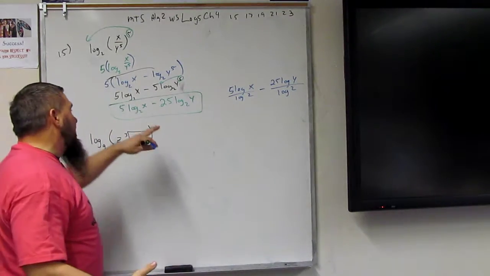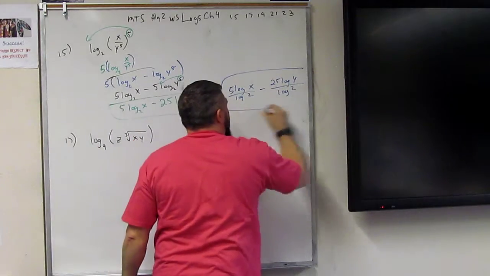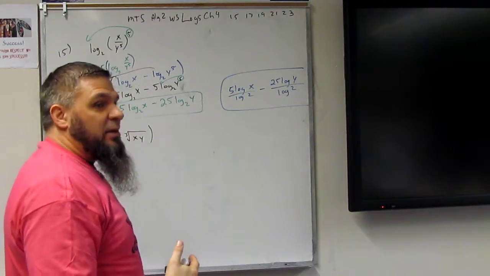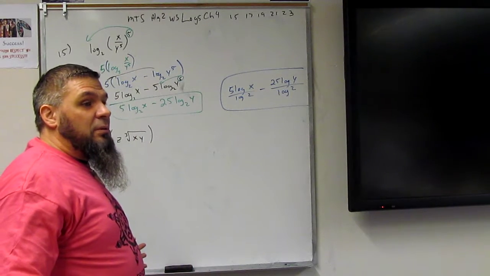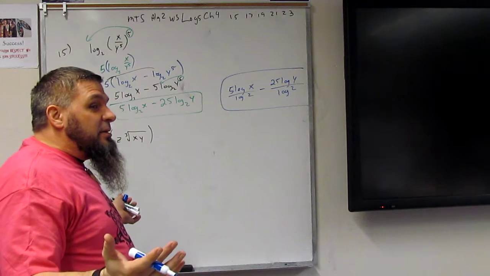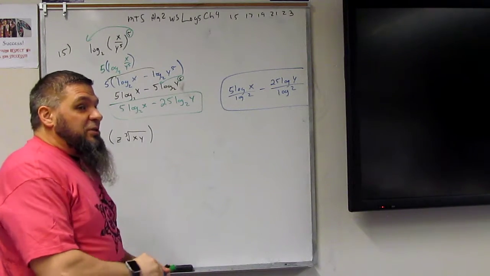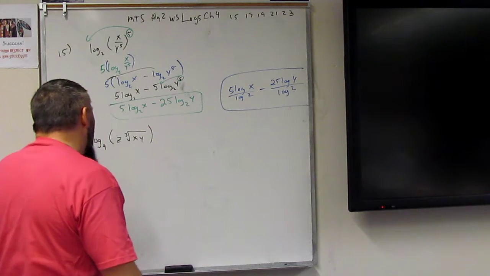All I did was change this into that. Okay? So what I'm going to do here is say that's extra credit. You get 1 extra point on the test if you do that. Simple, right? But you have to know your log rule. It's really easy, but you have to know your log rule. If you do it on the worksheets, I'll give you 1 point extra credit on the worksheets too. Okay?